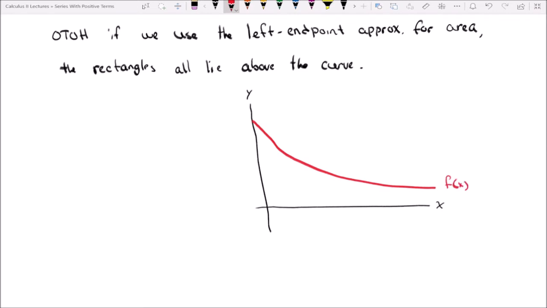But remember, with left endpoint, you take the left endpoint of each subinterval to be the height of the rectangle. All right, so these would then become our rectangles.